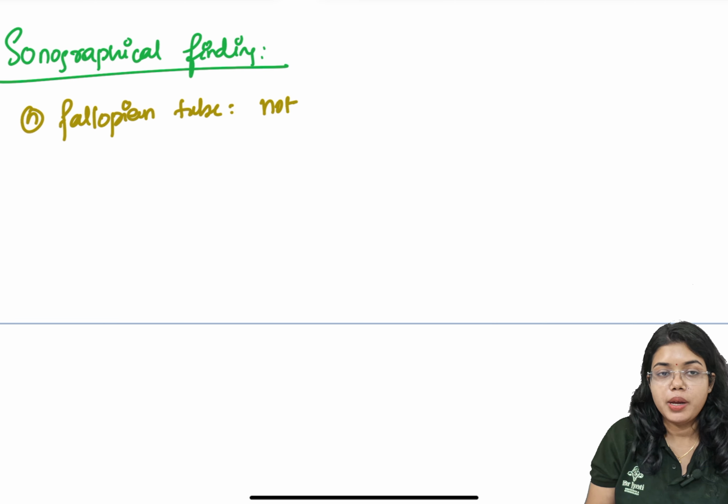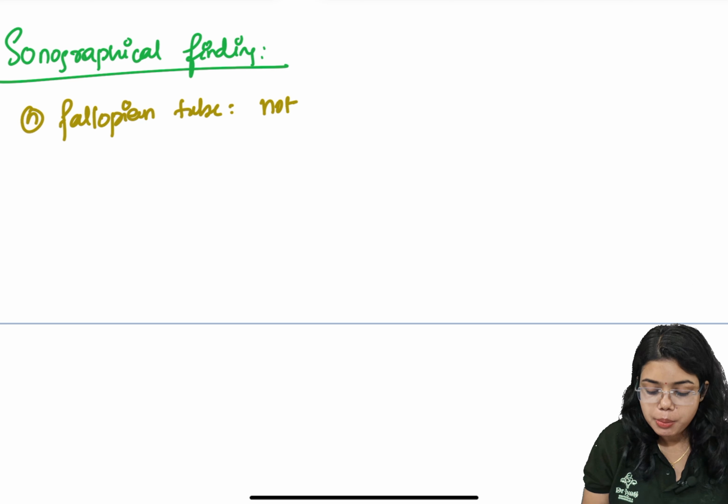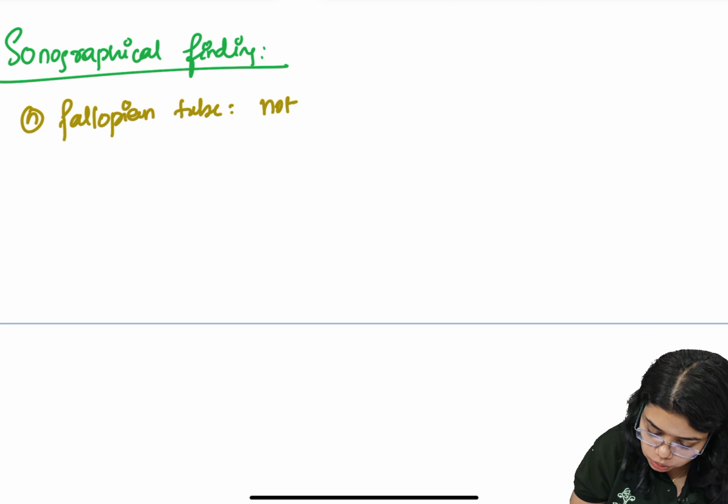If the fallopian tube is inflamed, or if there is infection, dilatation, distal blockage, increased pus or accumulation of fluid inside the fallopian tube, then we can see it on ultrasound.